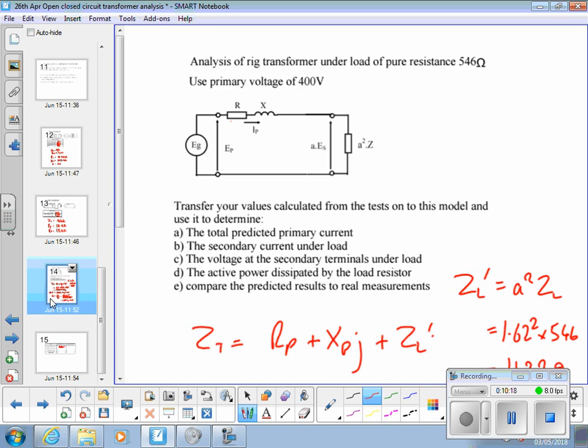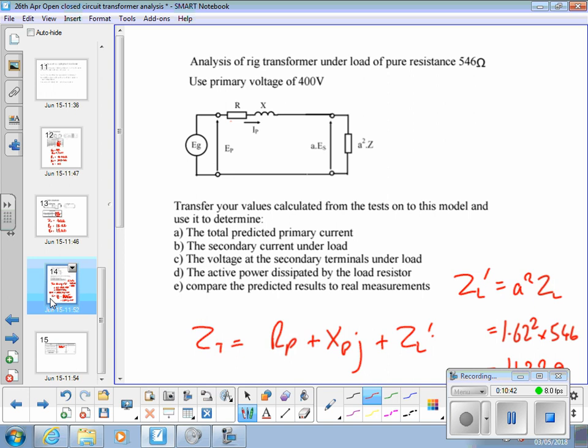We use the values from this one. The open circuit will give you the power loss, heating in the core, and the flux losses. Sorry, the magnetizing current.